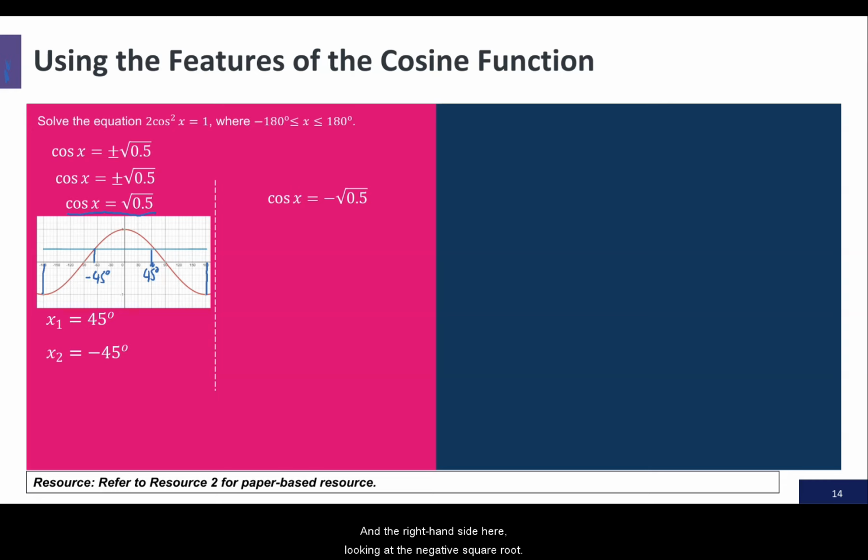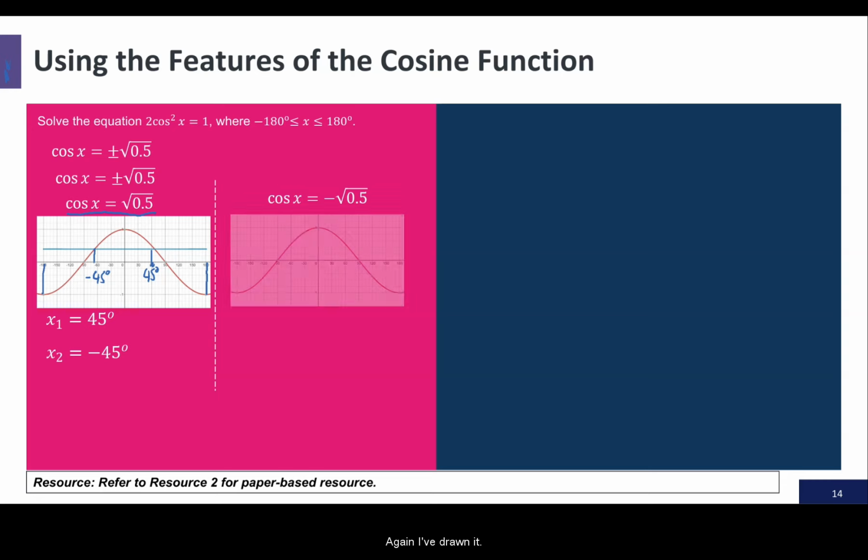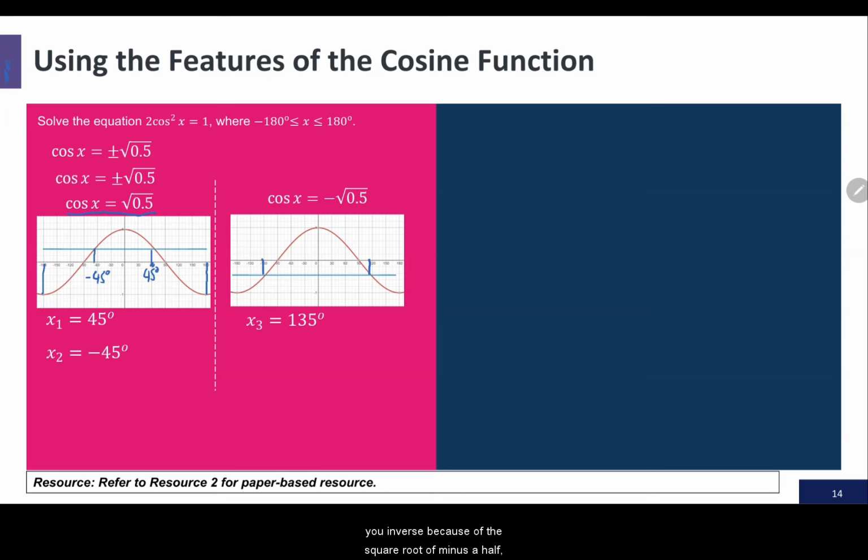And on the right hand side here, looking at the negative square root, again I've drawn it. There is approximately minus the square root of a half. My calculator will pick up the first value, inverse cos of minus the square root of a half, which gives me 135 degrees. And using symmetry will give me the other value. And the answers written in order are there below.